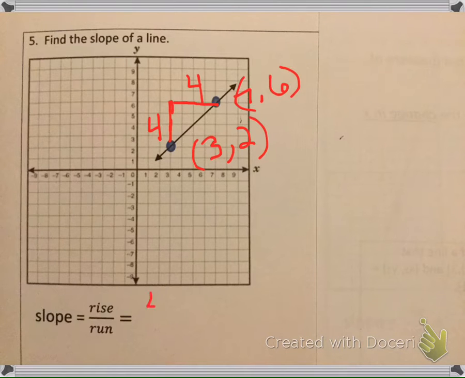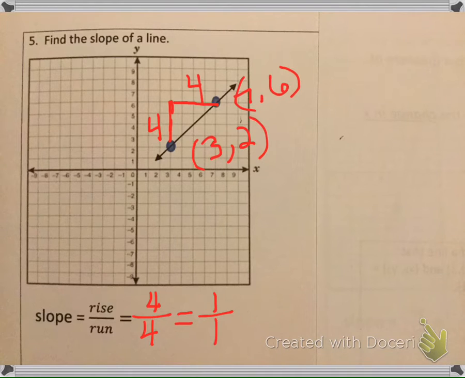So it should be a 4 over 4, which would be a 1 over 1. And we're going to keep it as 1 over 1 because we want to keep our slope as a ratio. You're going to see when you're graphing lines next year and stuff like that, you could write it as 1, although that technically isn't a ratio. In your equation, you're going to see a slope of 1, which would be a 1 over 1, but we're going to just leave it at 1 over 1.